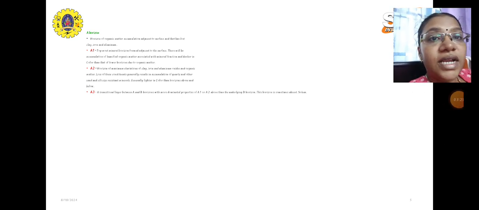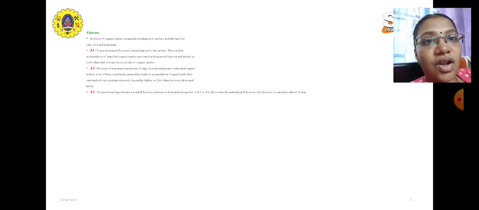And A2 is the horizon of the maximum eluviation of the clay, iron and aluminum oxides and the organic matter. So the loss of these constituents will generally result in accumulation of quartz and other sand and silt size resistant minerals.